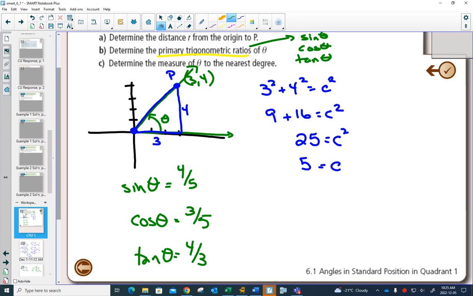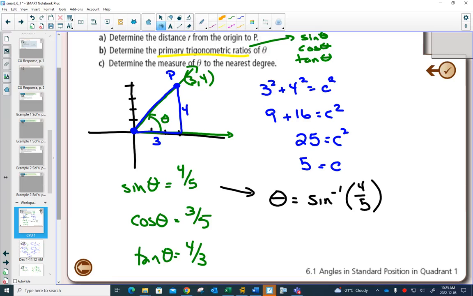And so if you wanted to find theta, you could use any one of those. Okay? So let's say if I use sine, then I would have to do sine inverse of 4/5. If I did cos, I would do cos inverse of 3/5. And if I did tan, I would do tan inverse of 4/3.